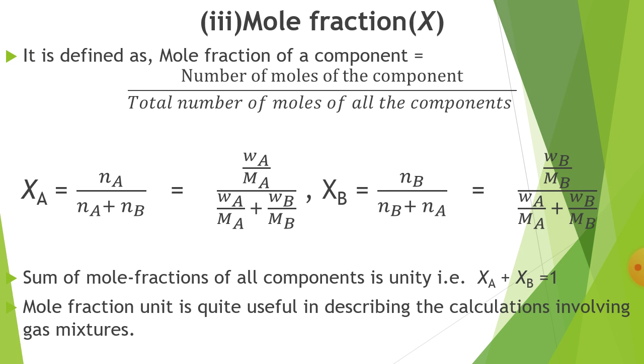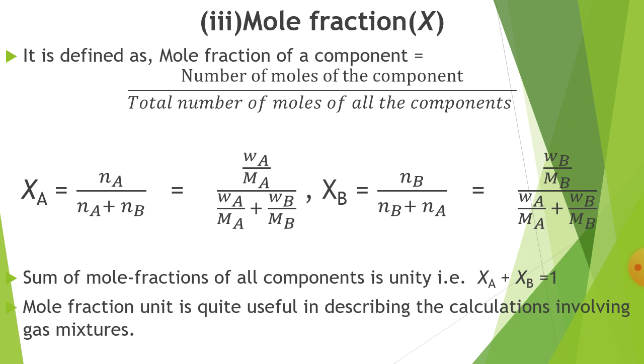Some more points we have to know. The sum of the mole fractions of all components is always unity. That is, for a binary solution, XA plus XB equals 1. For a ternary solution, it is also equal to 1: XA plus XB plus XC equals 1. Like that, the sum of the mole fractions of all components is always unity.